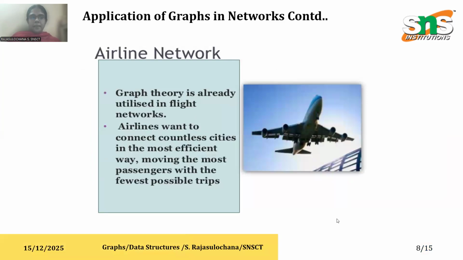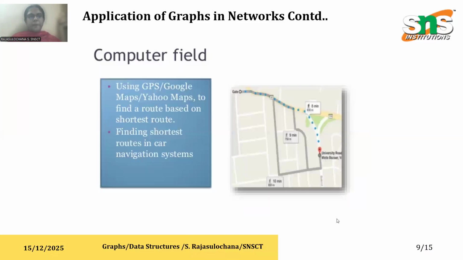Here comes another application of graph in networks, which is airline network. Flight networks are utilized with graph theory. If an airline wants to connect n number of cities in the most efficient way possible, such that the passengers need to take only the fewest possible trips to move between places, it makes use of graph data structure and identifies the possible paths.